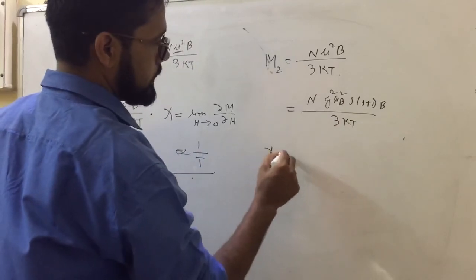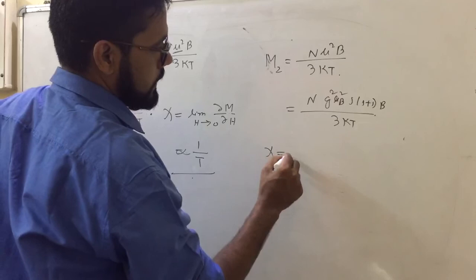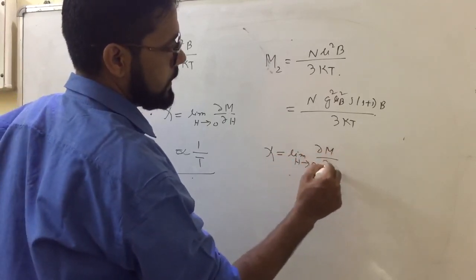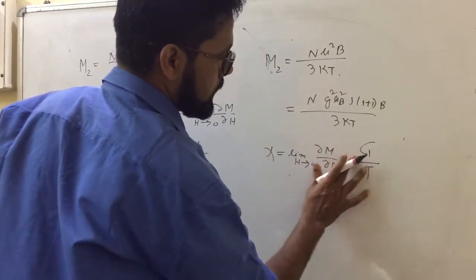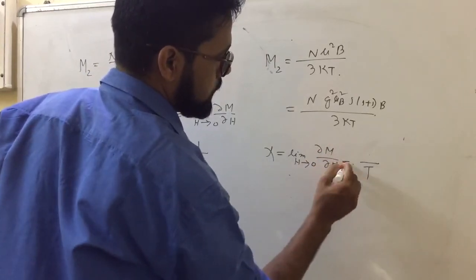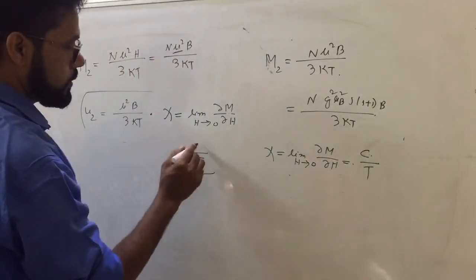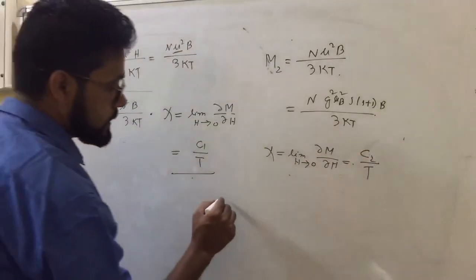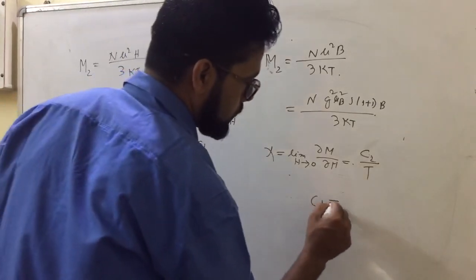So susceptibility is given by a similar formula, the limit H tends to 0 of dM by dH. It is also proportional to 1 by T, but the constant term is different. Here is a constant C1 and here is another constant C2. So the classical and quantum discrepancy is that C1 is not equal to C2.